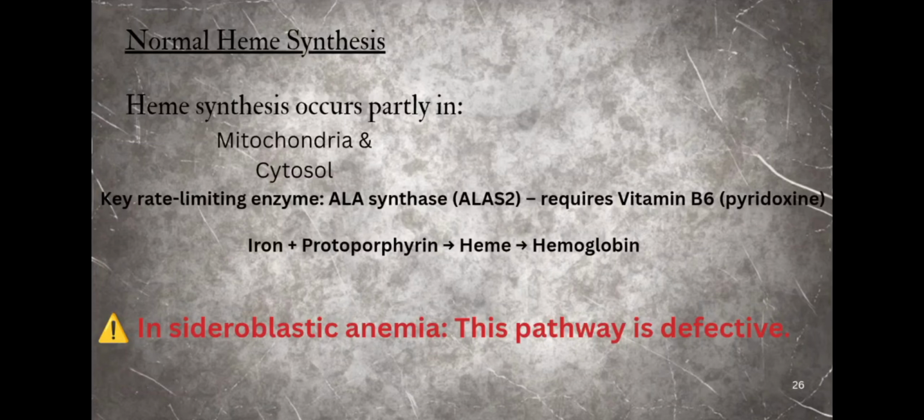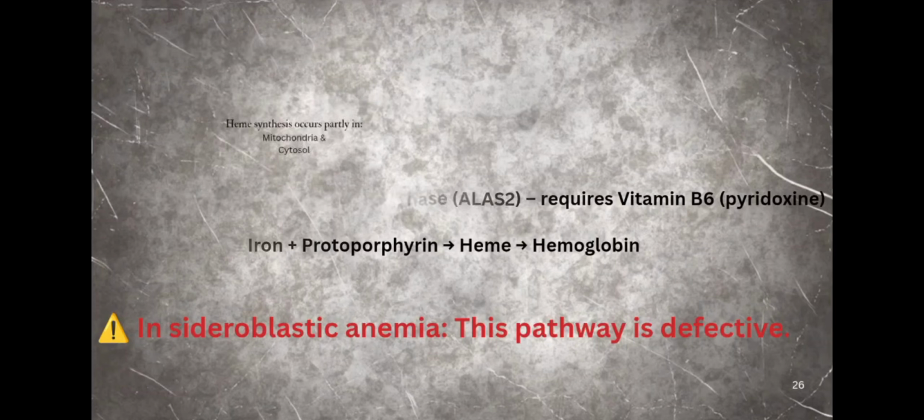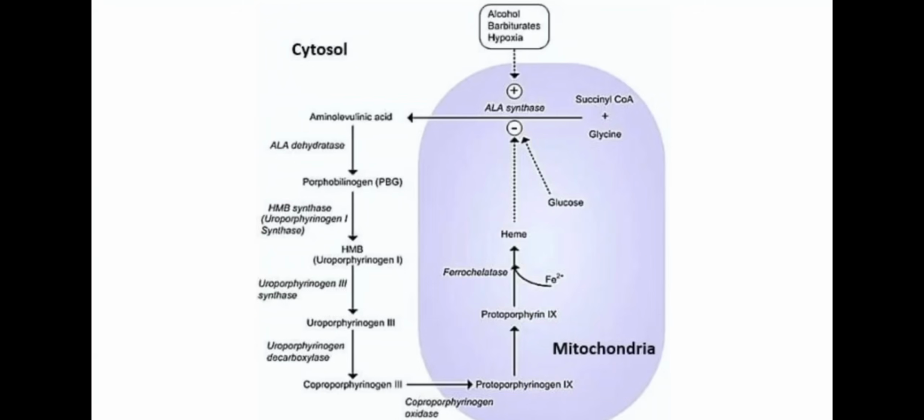Normal heme synthesis occurs partially in mitochondria and partially in cytosol. The key rate-limiting enzyme is ALA synthase, and it requires vitamin B6. In sideroblastic anemia, this pathway is defective.